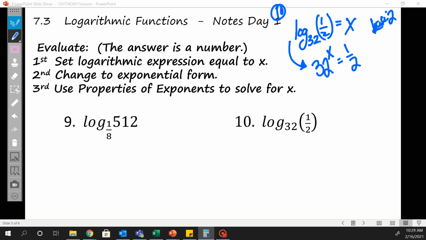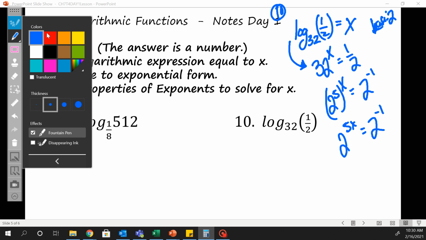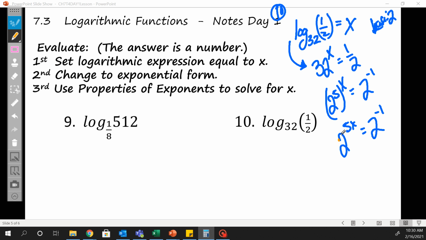Let me see. I think it's 2 to the 5th power for 32. 2, 3, 4, 5. Yeah. So this is 2 to the 5th power. And 1/2 would be 2 to the negative 1 power. So this is 2 to the 5x equals 2 to the negative 1. The bases are now the same.